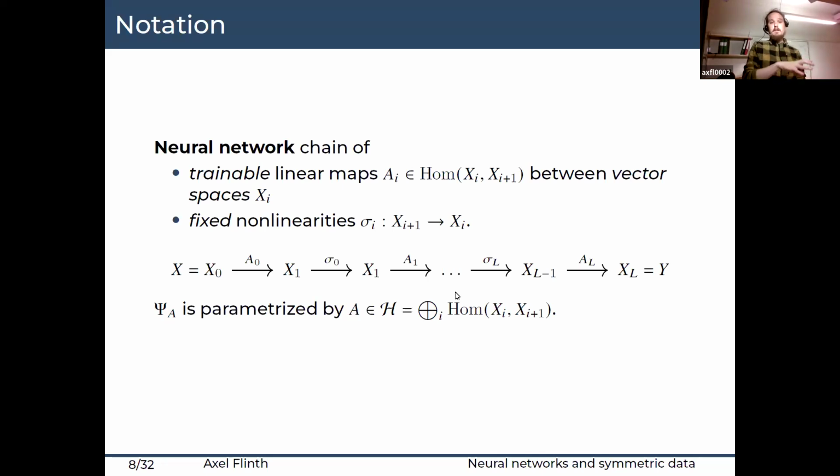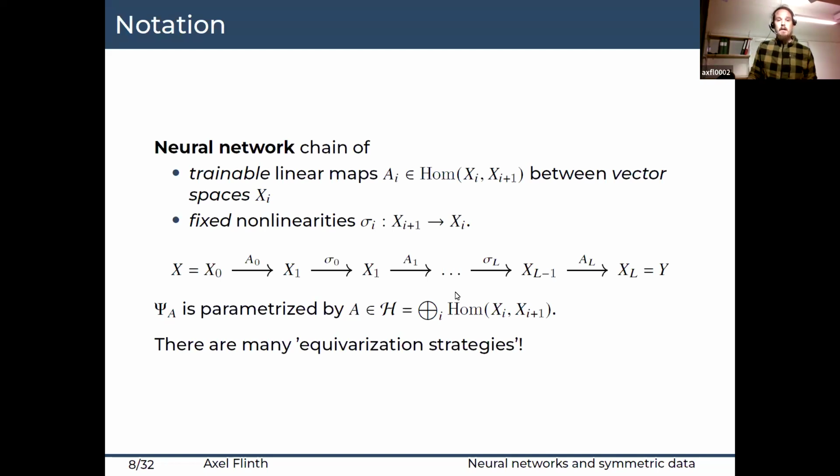So my neural network is parameterized by this tuple of linear maps A_i. Let's abstract that into one object A, living in this direct sum of the space of all linear maps between the intermediate spaces. We will refer to that space as calligraphic H during the entire talk. Now let me say that there are many ways one can make a neural network like this equivariant.